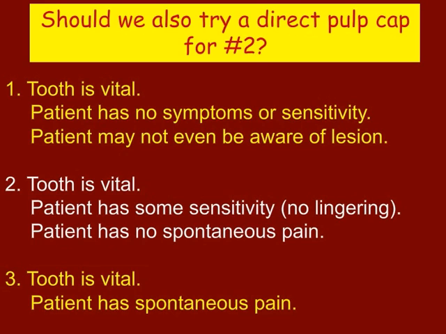We just might not have the same success rate that we would have if we had no symptoms. Should we also try a direct pulp cap for presentation number 3? Well, the long-term prognosis is not good if we have spontaneous, prolonged, severe pain. But if we catch the symptoms early, some advocate trying a direct pulp cap instead of endo.